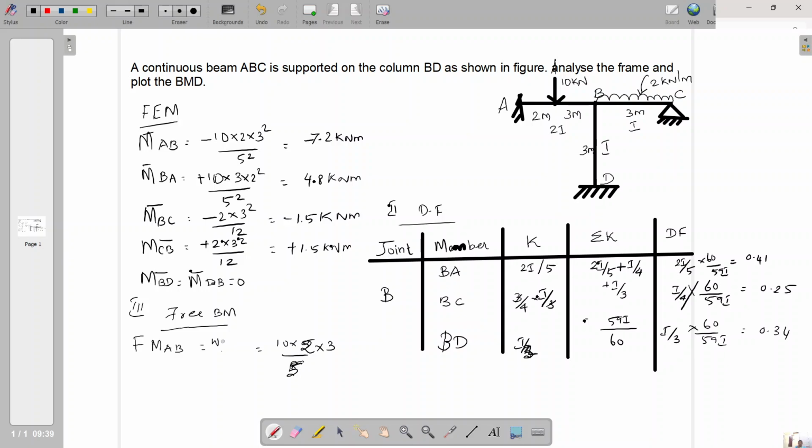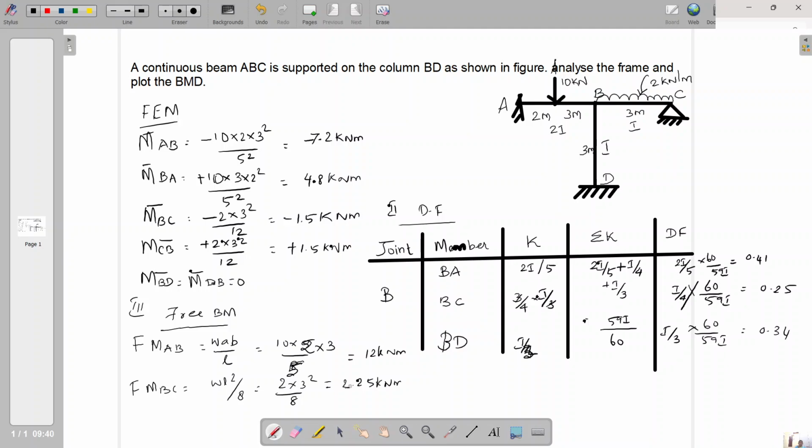Because it is not a central point load, we use W a b by L, which is 12 kilonewton meter. For the next span, FM BC is WL square by 8, the maximum moment, 2 into 3 square by 8, which is 2.25 kilonewton meter.